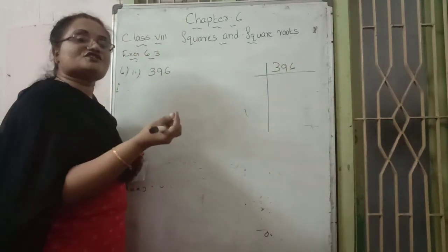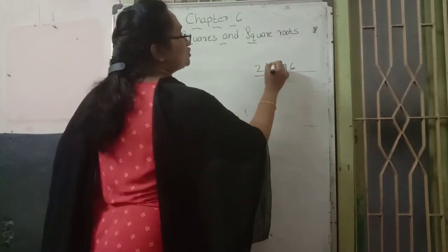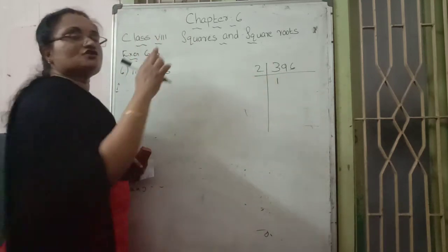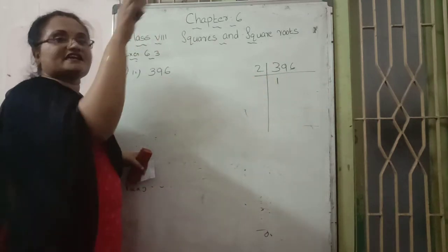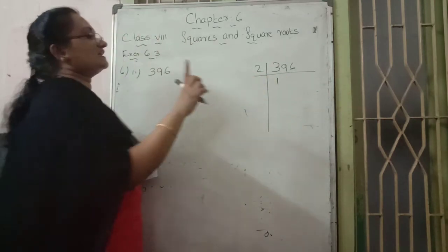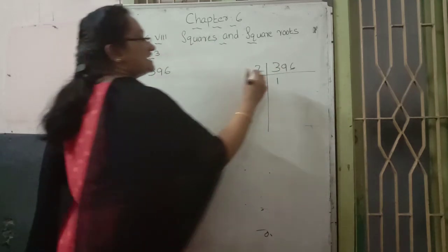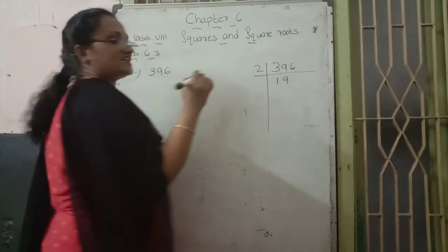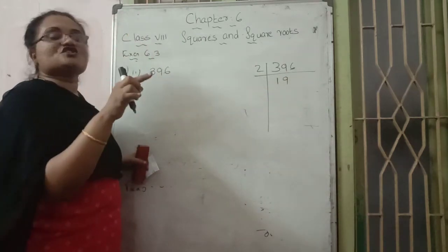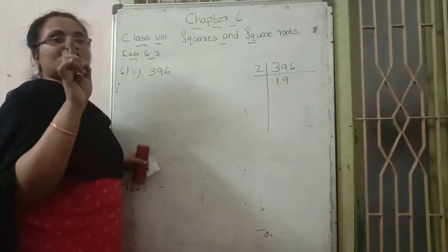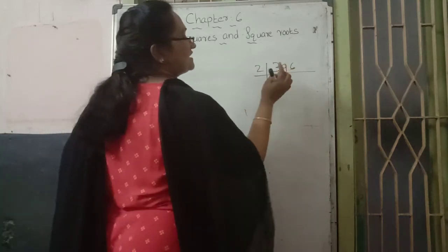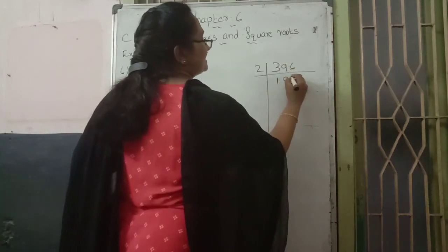That's why continue with which prime number? 2. So 2 table 3, one time. 2 into 1 is 2, 3 minus 2 the remainder is 1, and 19 subtraction. 19 means 2 table 18, 9 times. 19 minus 18 because how much, subtraction doing, remainder 1 and the next place number 6 joining, 16, 8 times.